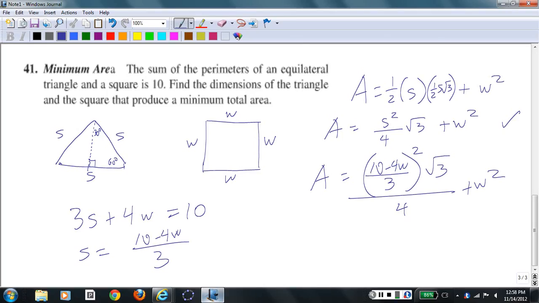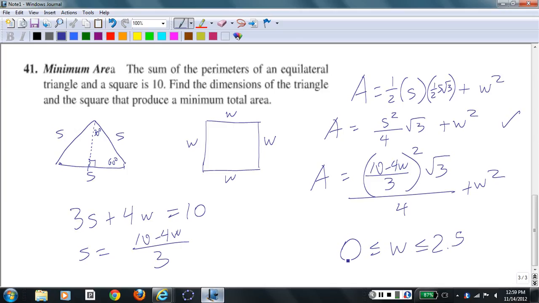How large? If the sum of the perimeters is going to be 10, then W better not be more than 1/4 of 10. So W's got to be between 2.5 and 0. If W is more than 2.5, that's more than a perimeter of 10, based on this constraint.